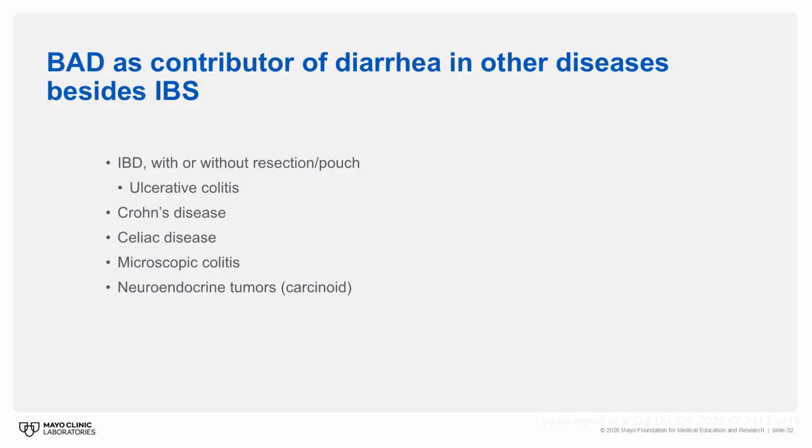And finally, patients with neuroendocrine tumors like carcinoids will often have had a resection of the terminal ileum, but we've also shown that even with minor resections of less than 25 centimeters, less than 1 foot of ileum resected can also be associated with bile acid diarrhea. Let me show you some of those data on the next slides.